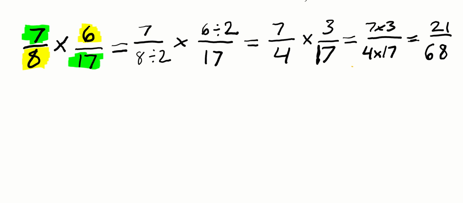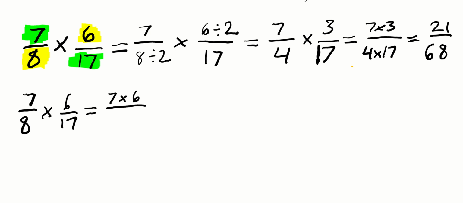Why does this work? Well, if we start back again with 7 over 8 times 6 over 17, our numerator should be equal to 7 times 6, and our denominator should be 8 times 17.